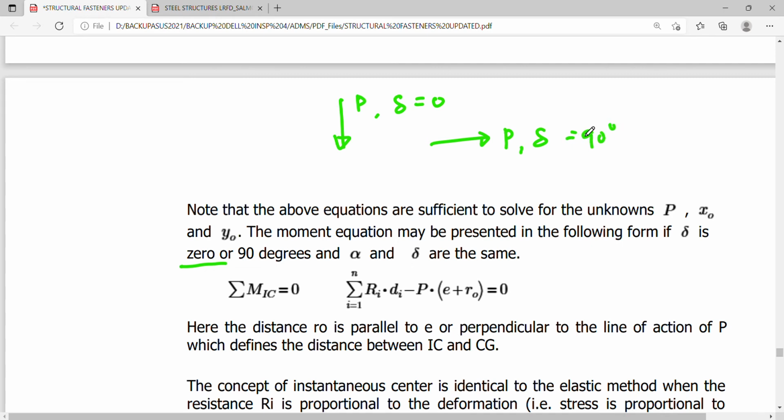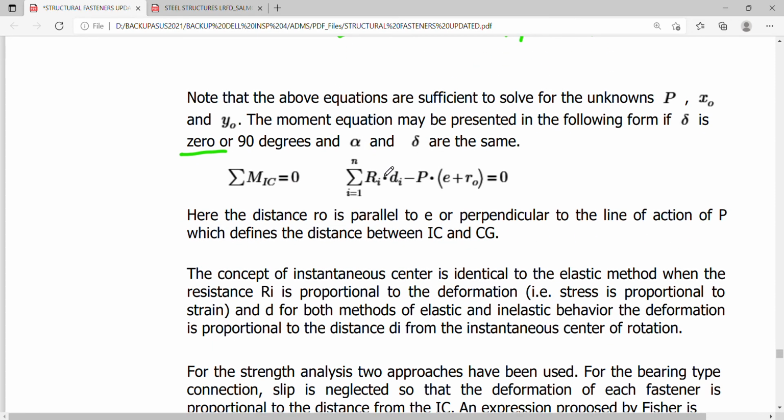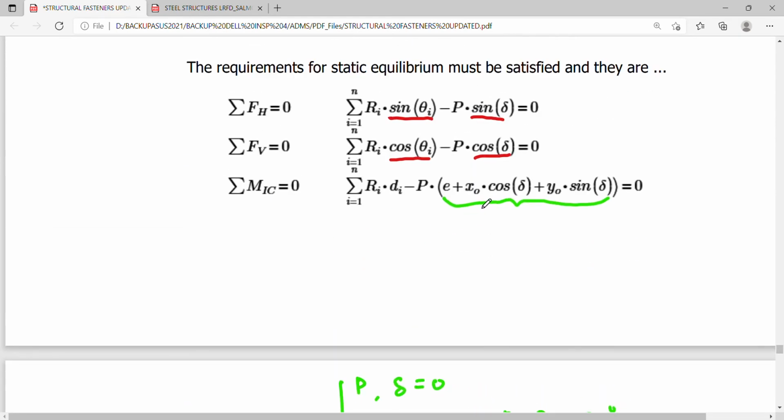Okay, so in gravity loadings, it is normal that your P is vertical, therefore the summation of moment can be simply reduced to a value of E, okay, plus XO cosine of 0 is 1 plus YO sine of 0 is 0.